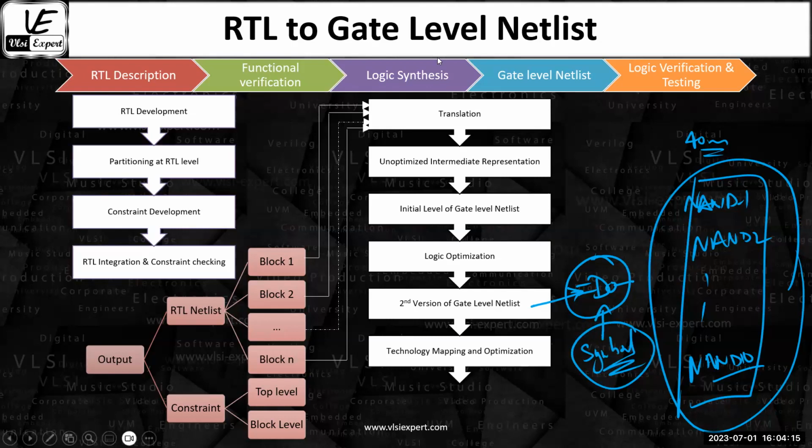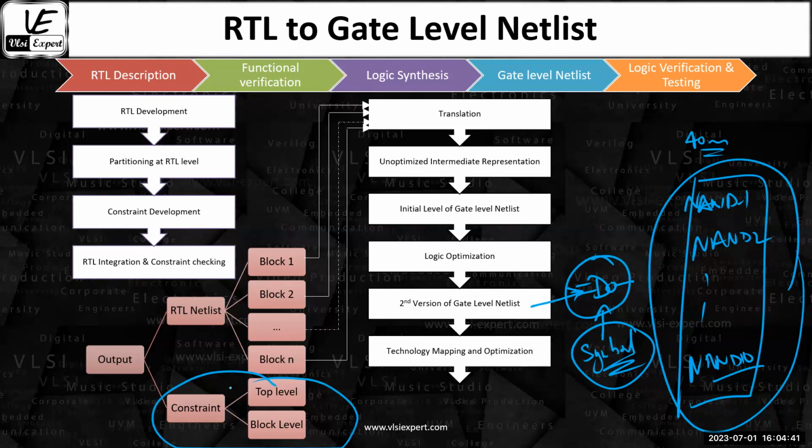But when we talk in terms of delay and power, out of these 10 different NAND gates, which one are you supposed to choose? Who is going to decide? The tool is going to decide based on whatever constraints you have provided here.